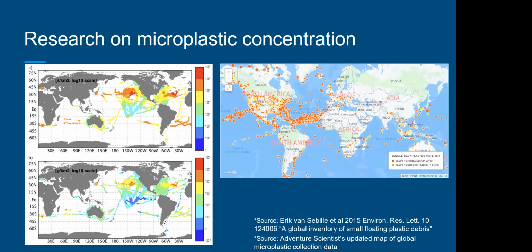As you see in this figure, lots of microplastics can be found near the land sites, for example Australia, Japan, and USA. The second figure is from the Adventure Scientist updated map of global microplastic collection data. As you see in this figure, we can also find that the microplastics are accumulated near the land sites.